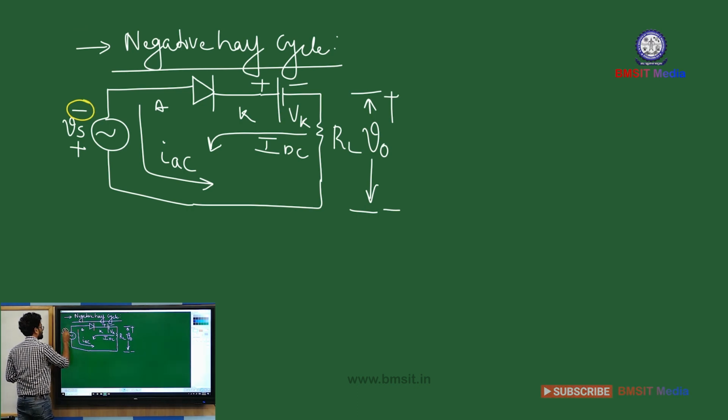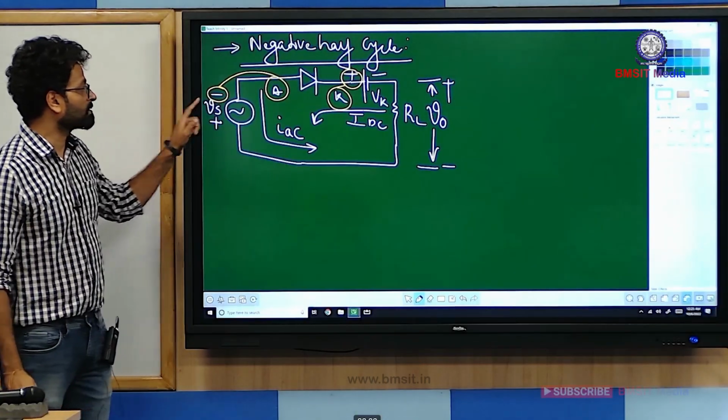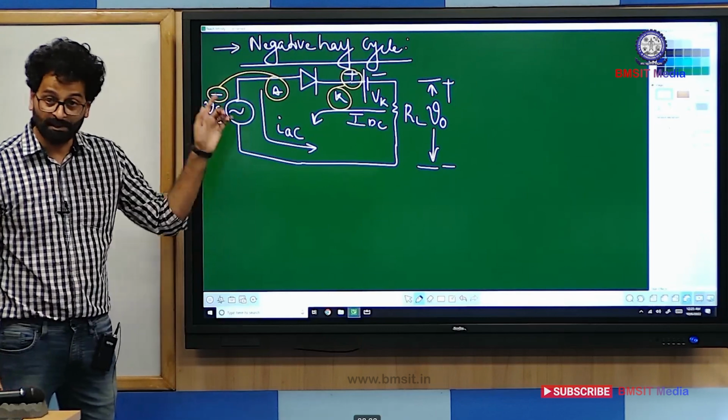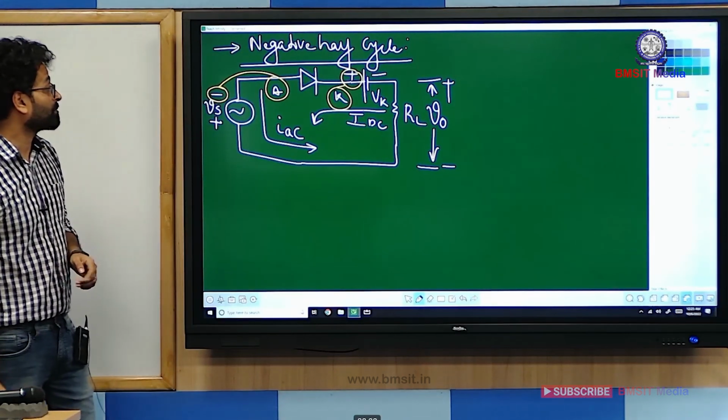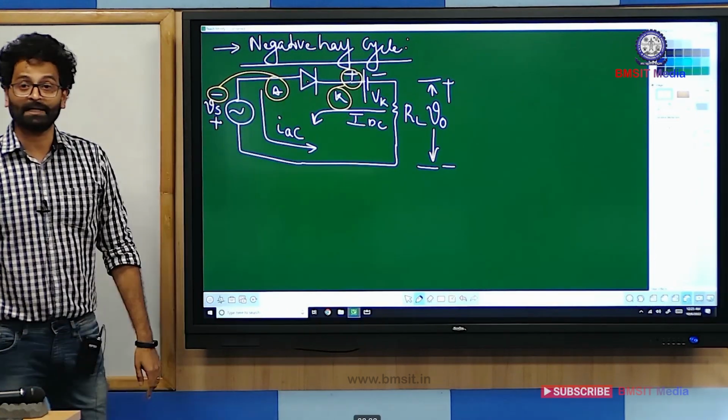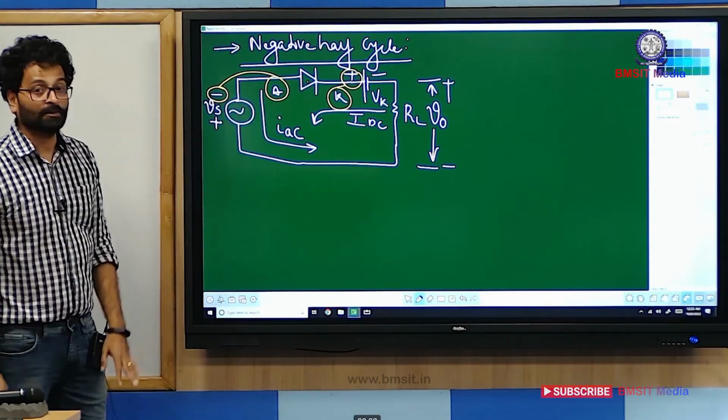Negative terminal is connected to anode, correct, on one side. So on the other side, you can also see that the positive terminal of Vk is connected to cathode. So Vs and Vk, they are trying to circulate the current in the anti-clockwise direction. In that process, they basically reverse bias the diode D.